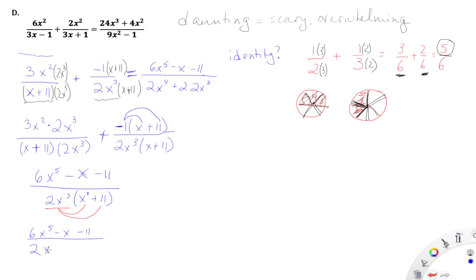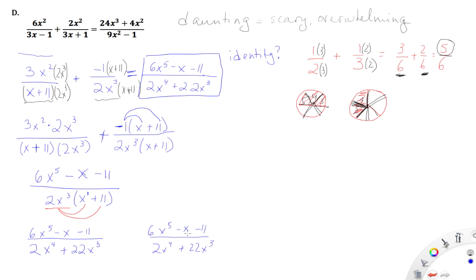This gives me 4 x's, plus 2 times 11, 22 x to the third. Let's look now at the expression I had on the right side originally. I'll copy it over here. 6x to the fifth minus x minus 11. And on the bottom, 2x to the fourth plus 22x to the third.